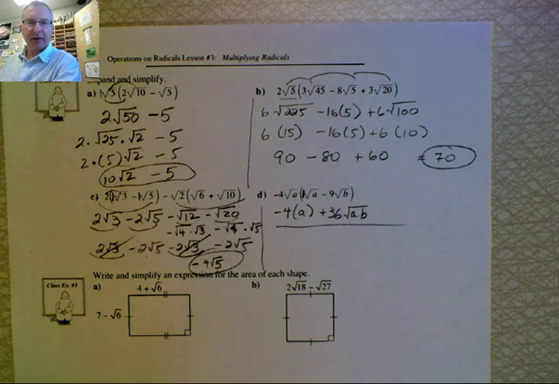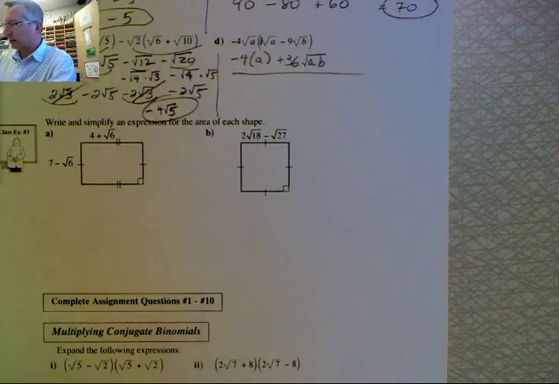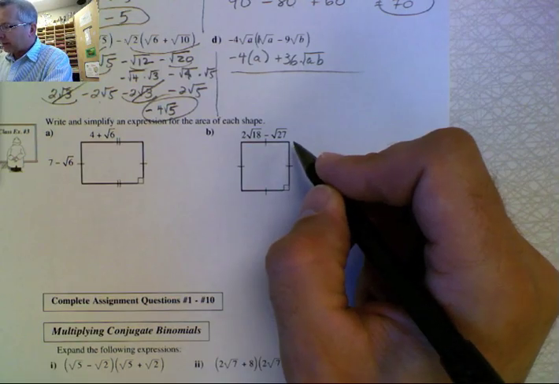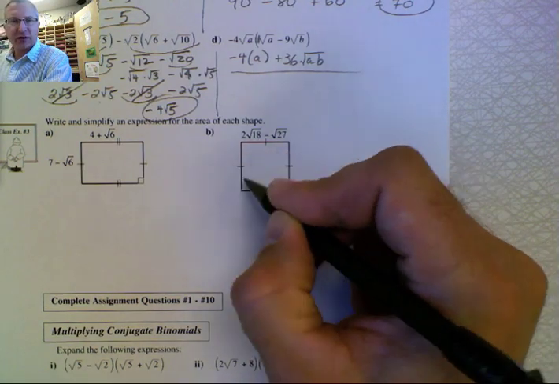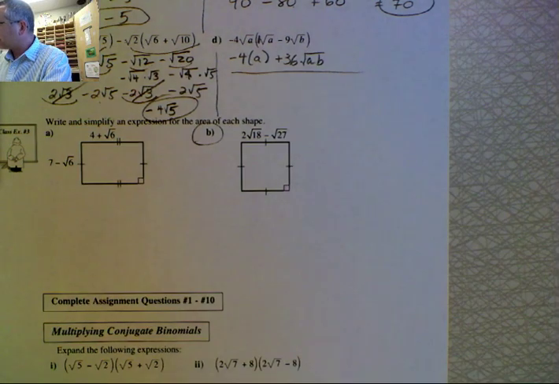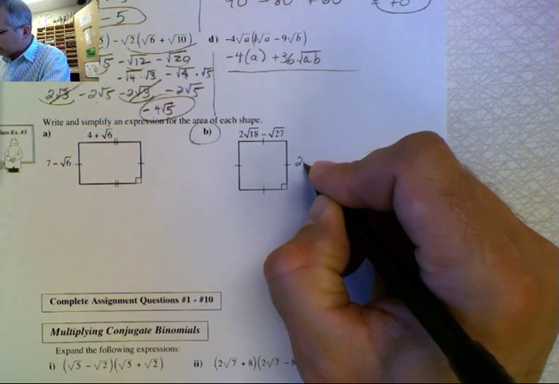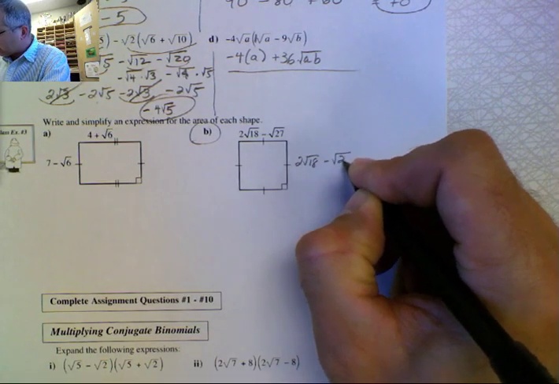Now, the last example we're going to look at is finding the area of a shape, and in this case, we're going to find the area of this particular square in example B. So that means we have to take the length multiplied by the width.